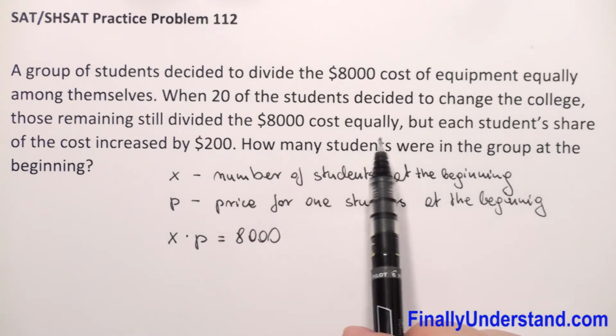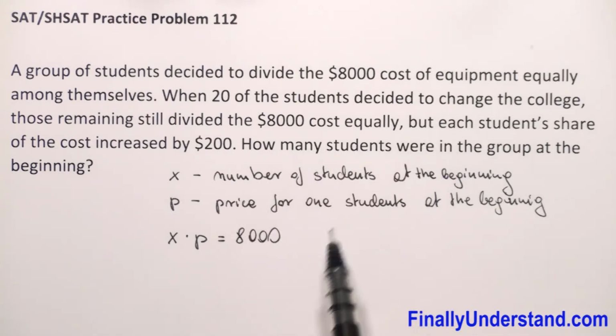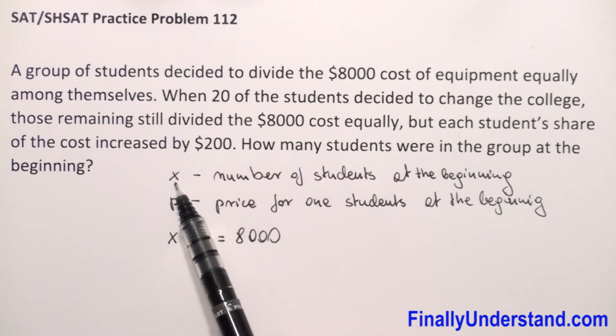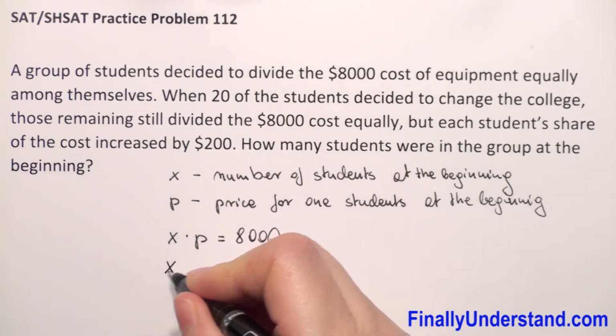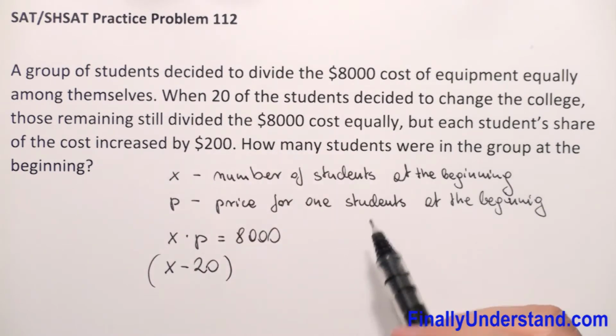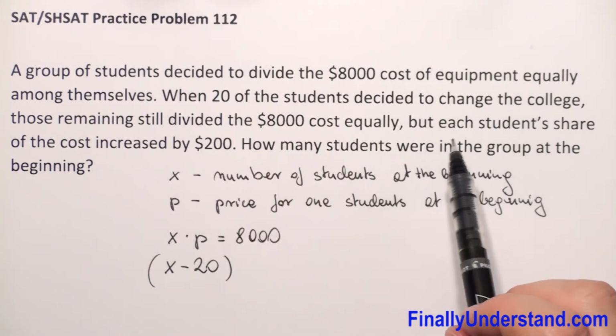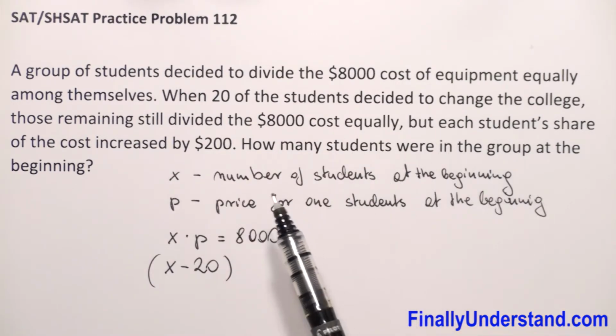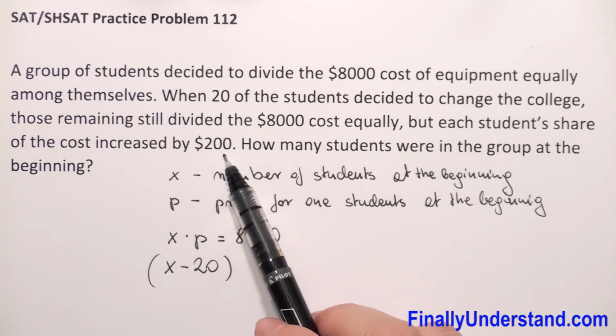20 of the students decided to change the college. So when we have X students at the beginning and 20 left, we have to subtract 20 from X. And what else? Now each student's share of the cost increased by $200.